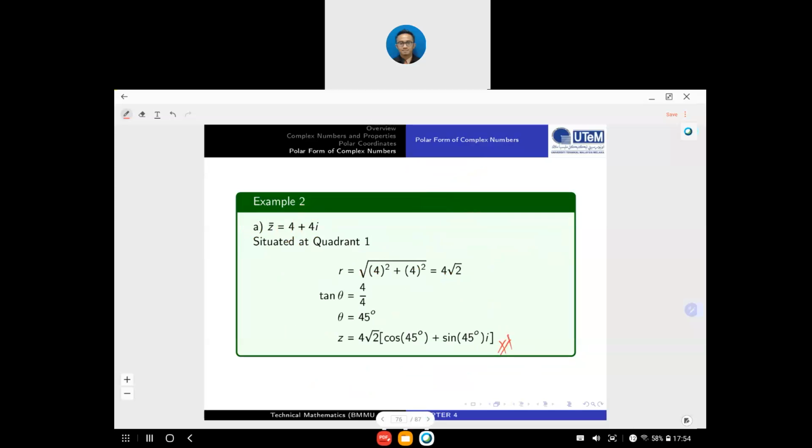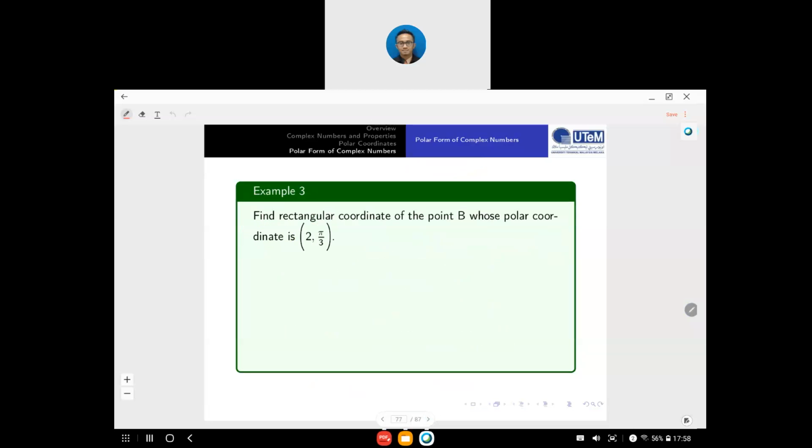You can express the polar form as z equals r times cos theta plus i sin theta. So in this case, you need to find r. R equals square root of a square plus b square, and theta equals tangent inverse b over a. So you can give the answer in polar form.